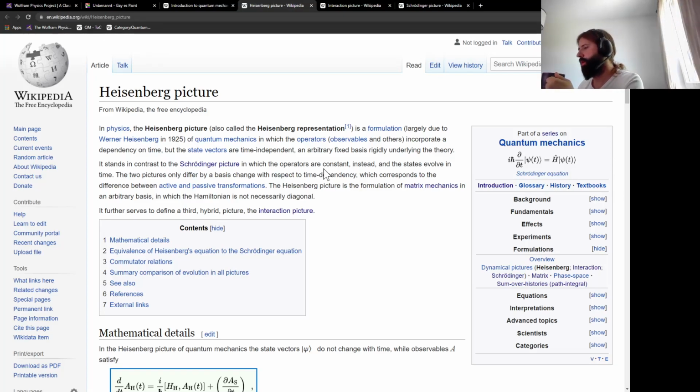While in the Schrodinger picture, the states evolve through time. Okay, weird. I guess it's a matter of taste.